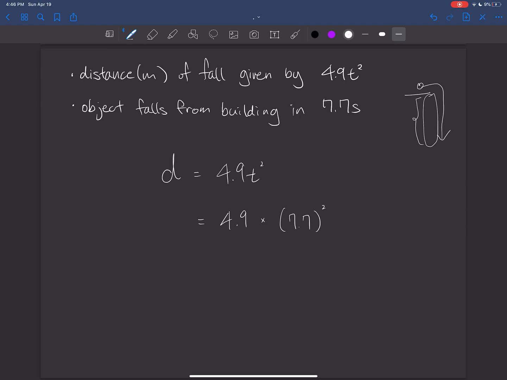And if I put that into my calculator, that is 4.9 times 59.29, and we get 290.521. And if we round it to the nearest hundredth, we get 290.42 meters. And that's it.